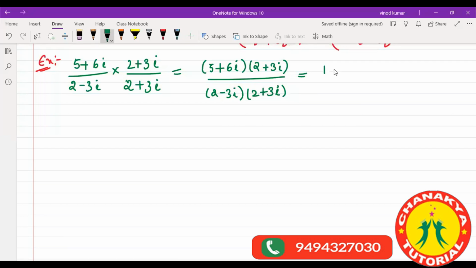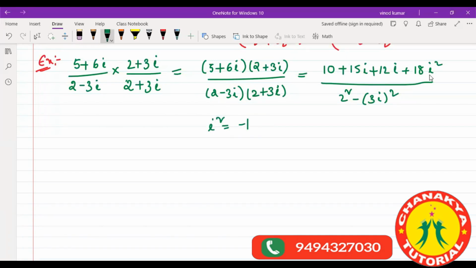5 2s are 10, 10 plus 15i plus 12i plus 18i square, divided by 2 square minus 3i whole square. The i square value is minus 1, we substitute. 10 minus 18, and 15 plus 12 is 27i, over 4 minus 9 i square.